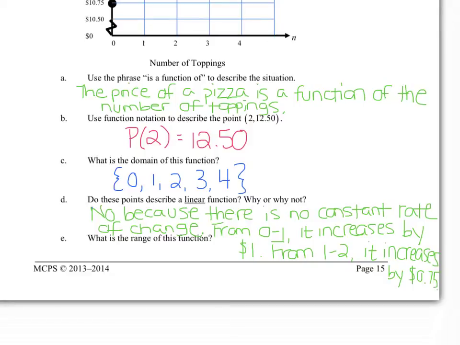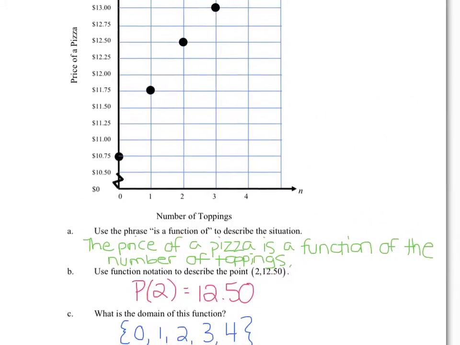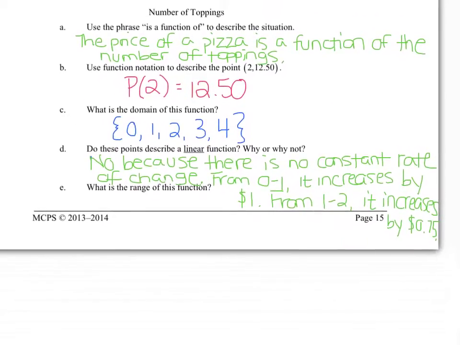So that right there shows us that it is not a constant rate of change, because for it to be constant rate of change, it would have to go up by $1 every time. So we can see from 10.75, which was 0 toppings, to 11.75, that increased by $1. But from 11.75, it would have to be at 12.75 for it to still be a constant rate of change. It is not, and therefore it is not linear.